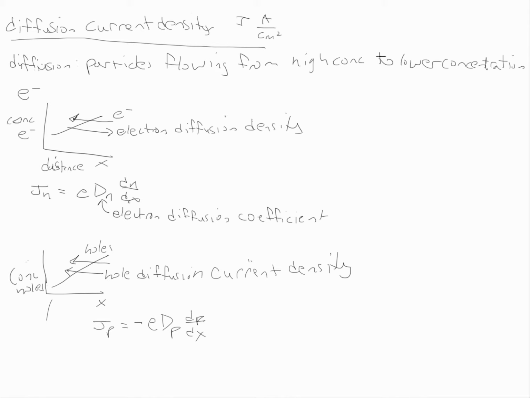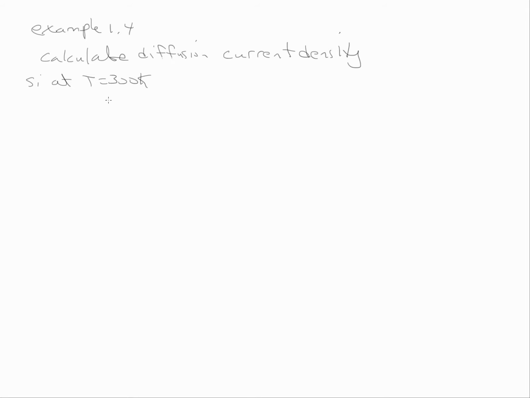And now we're going to work another example. This is example 1.4 in the book, where they're asking to calculate the diffusion current density for silicon at T equals 300 Kelvin.